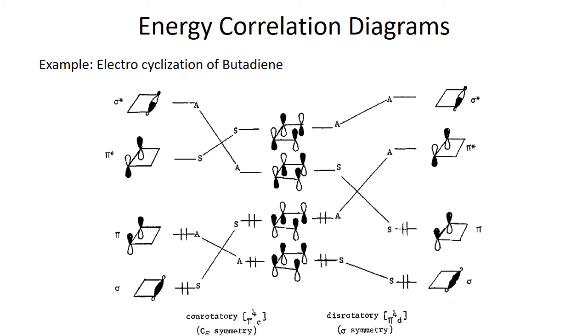Just like in the reactant molecule, HOMO and LUMO are important. The other orbitals are not that important because they are not contributing to the reaction.